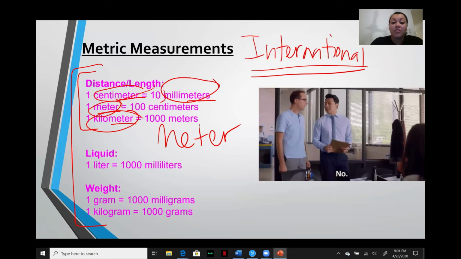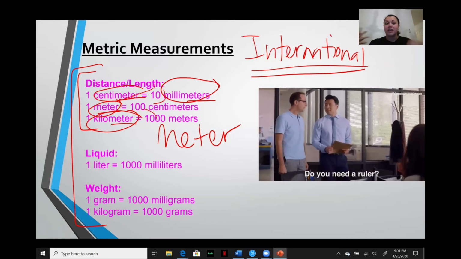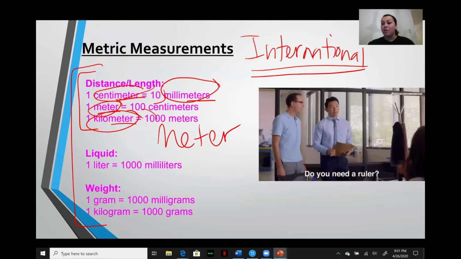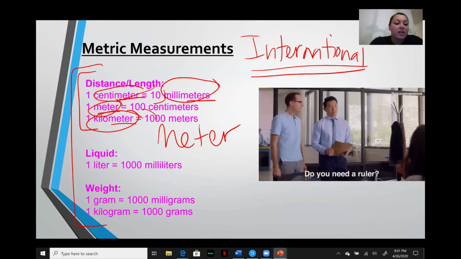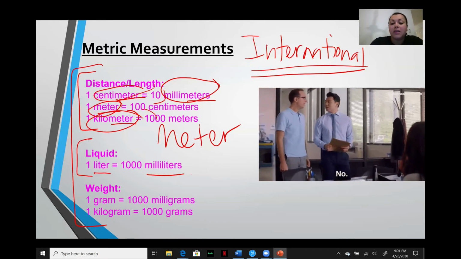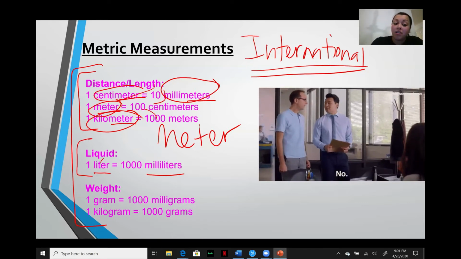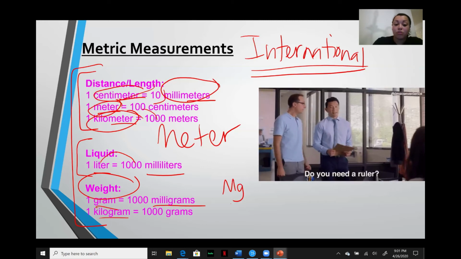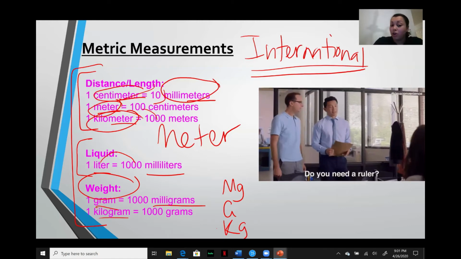So that kind of explains, if you look at the pattern here, it's a power of 10. So all of the increments end in a power of 10. So then we look at liquid, which is just liters and milliliters. Again, a power of 10. So then we have weight, which is in grams, milligrams, kilograms. Again, milligrams indicates it's smaller than regular grams, and then kilograms indicates it's larger.